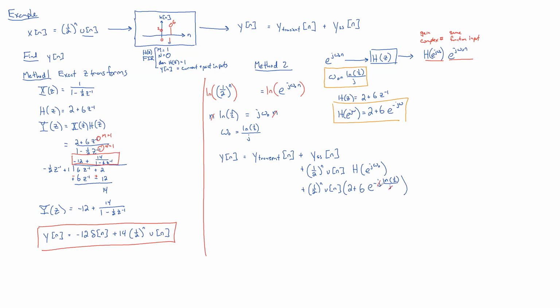So the j's cancel. And now we get 1/2 to the n u of n times 2 plus 6 e to the minus ln of 1/2. So now our question is, what is e raised to the minus ln of 1/2?